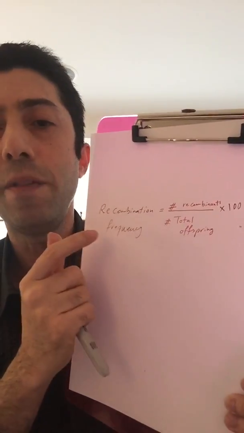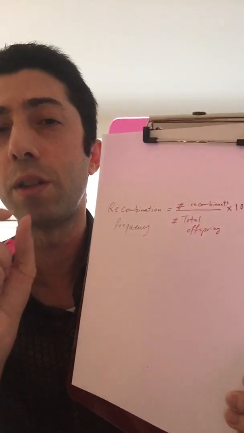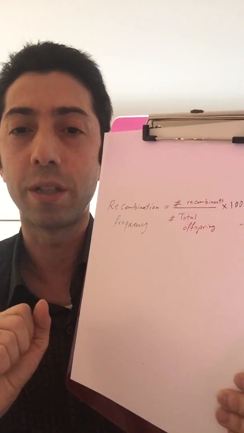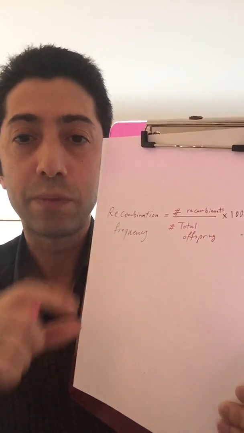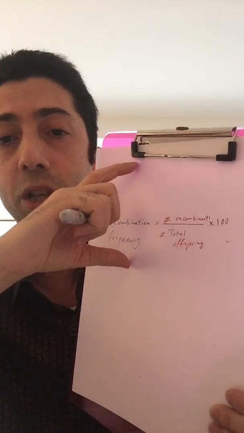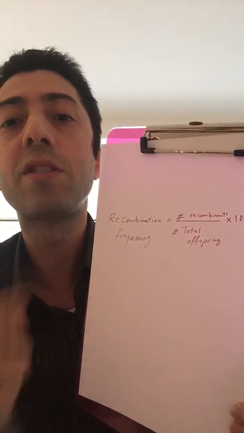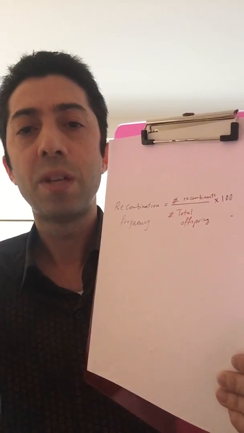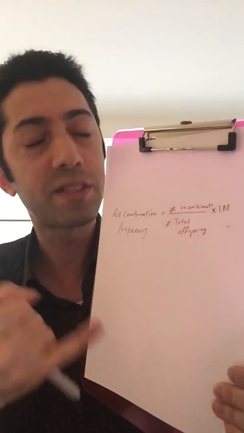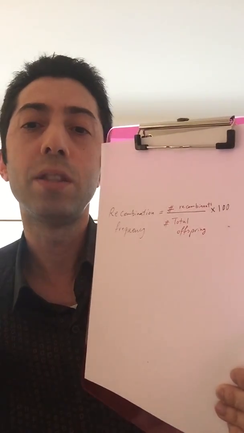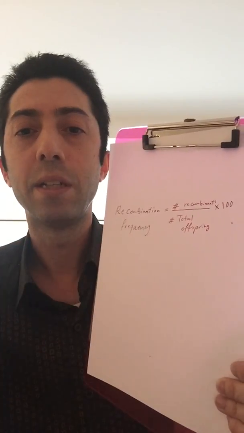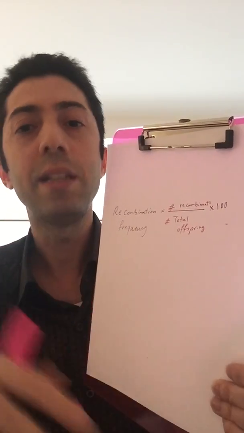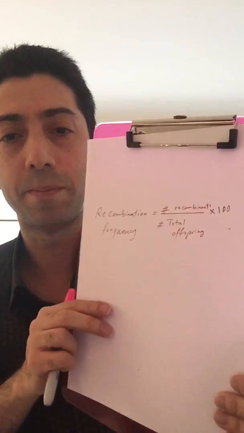So if the recombination frequency is very low, it shows the genes are very close to each other. Does it make sense? If the genes are far apart, the possibility that recombination happens is high, giving 2 parental-style gametes and 2 recombinant ones, 50-50.